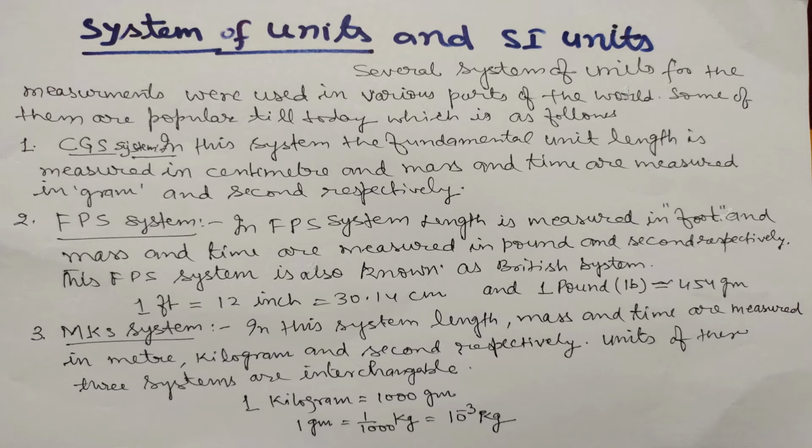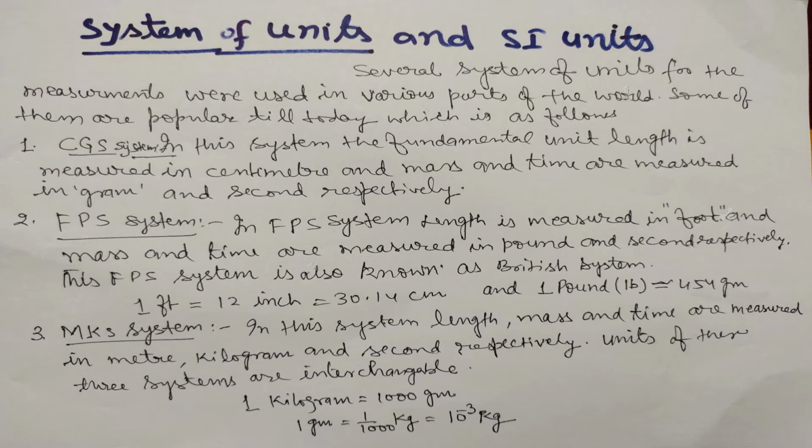1 foot is equal to 12 inch, and that is equal to 30.48 centimeter also. And 1 pound, which is the unit of mass, is equal to 453, or we can say around 450 gram.